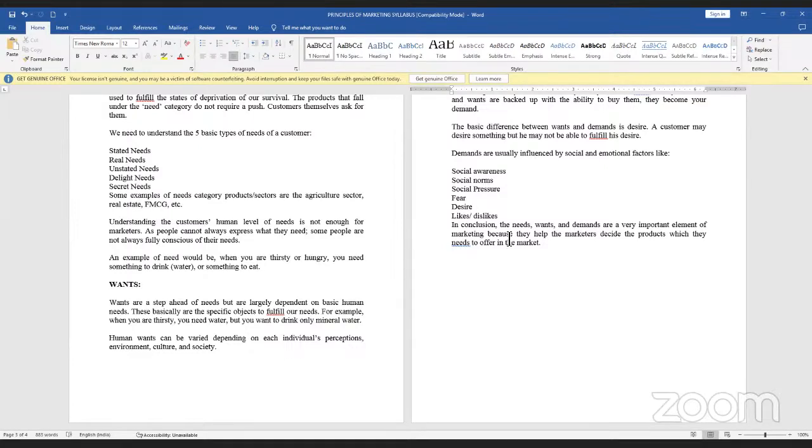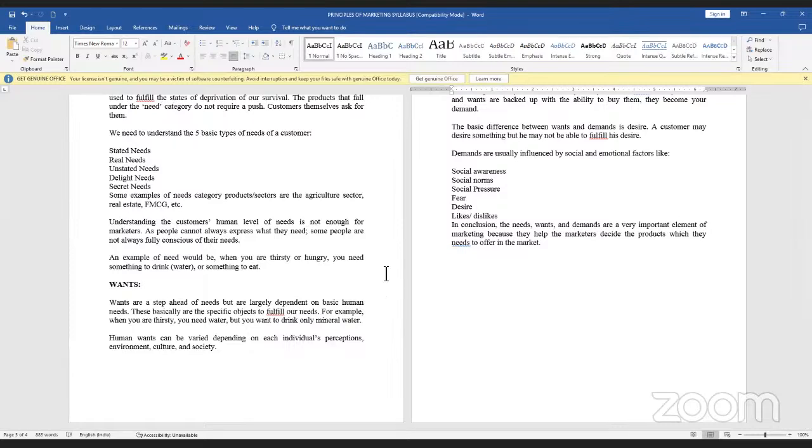So you feel immediately, yes, whenever I feel thirsty, I should go to Bisleri. There are various brands, so make sure that you are going for Bisleri only. So based on the level of human needs, a marketer needs to create a demand for his product.